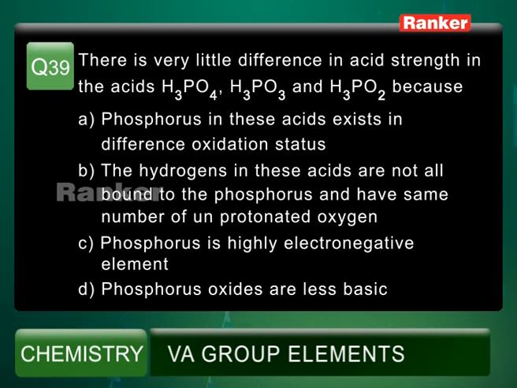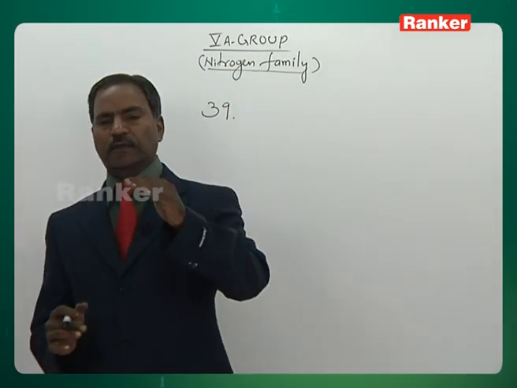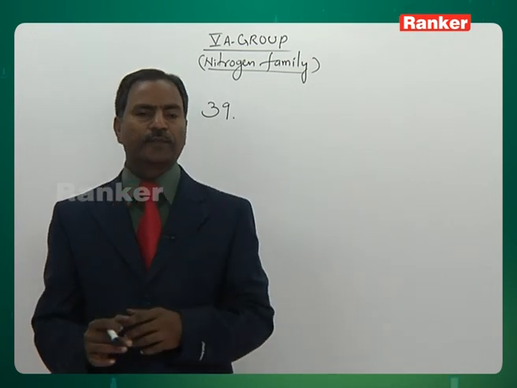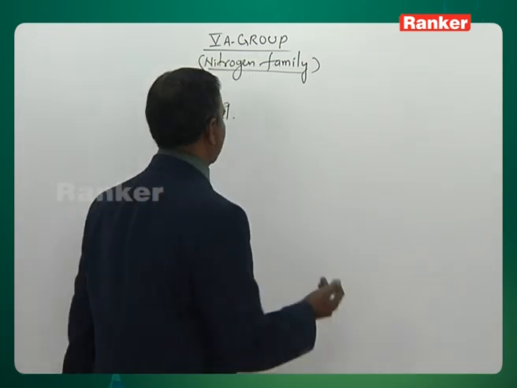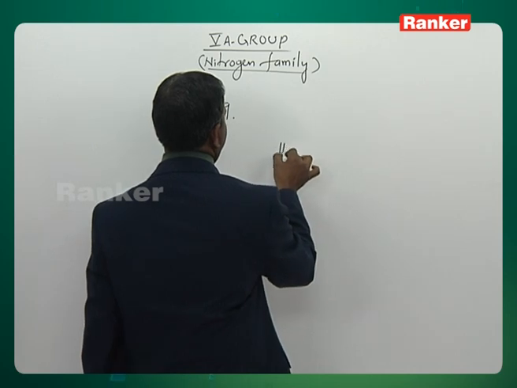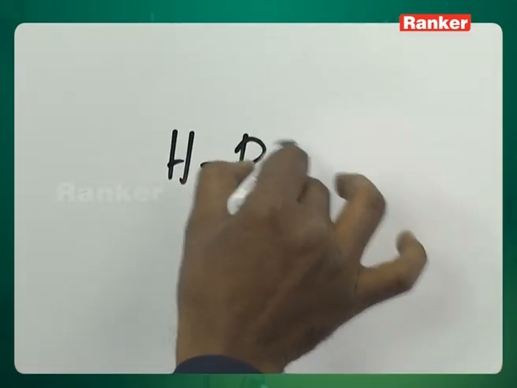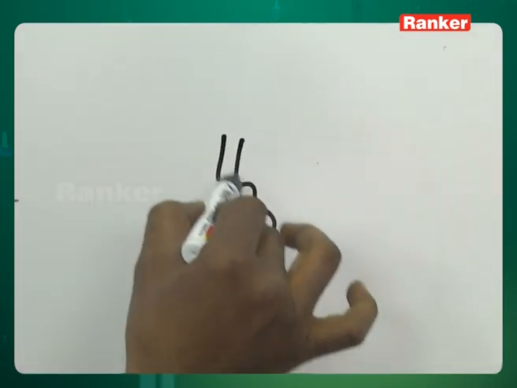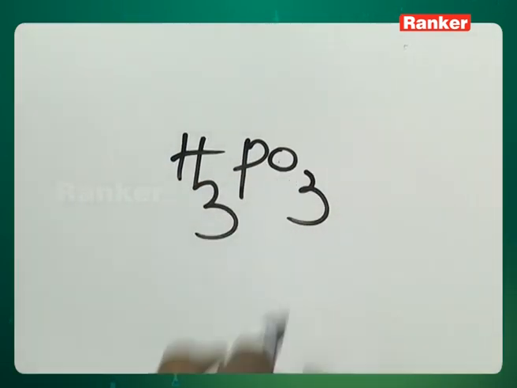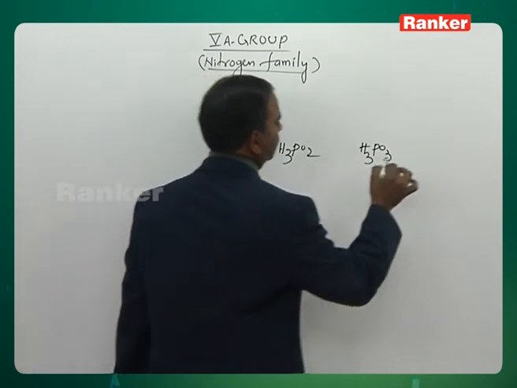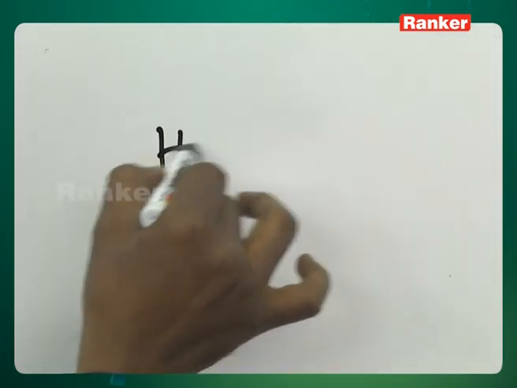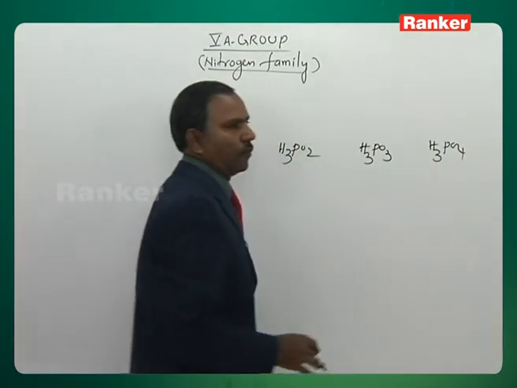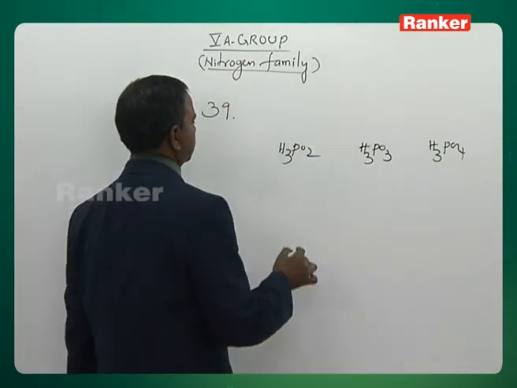Coming to option A, phosphorus in these oxy acids exists in different oxidation states. Yes, we agree. Suppose H3PO2, hypophosphorus acid; H3PO3, phosphorus acid; H3PO4, phosphoric acid.